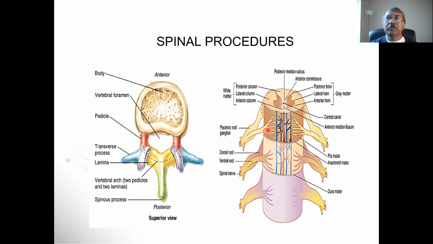Nerves emerge out of the posterior aspect and anterior aspect on the left side and right side. So a nerve is coming out of each section.